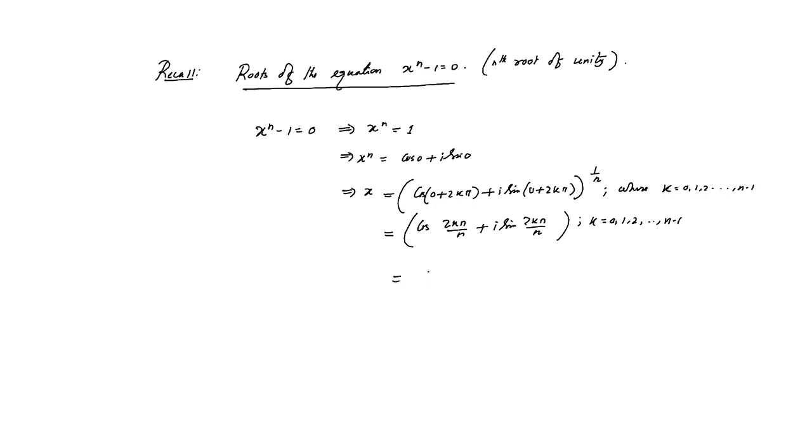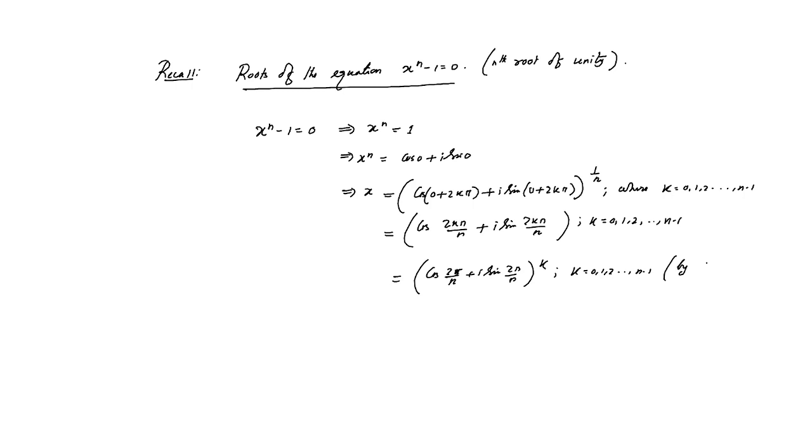So we can write (cos(2π/n) plus i sin(2π/n)) whole to the power k, again by De Moivre's theorem.